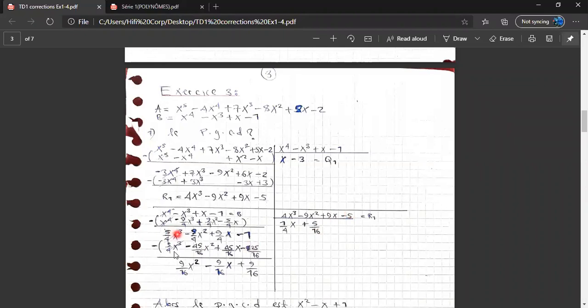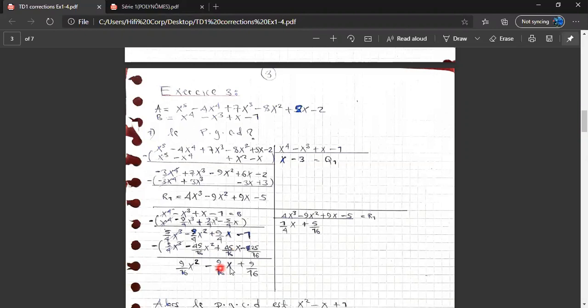This minus this is 0. Negative 9 over 4x squared plus 45 over 16x squared gives us 9 over 16x squared. When you dropped this, 9 over 4 minus 45 over 16x gave us negative 9 over 16x.